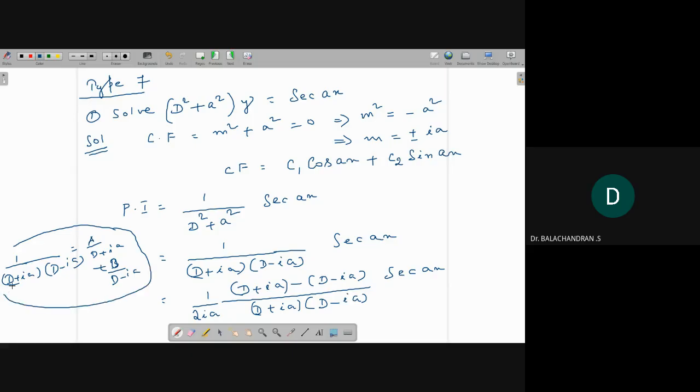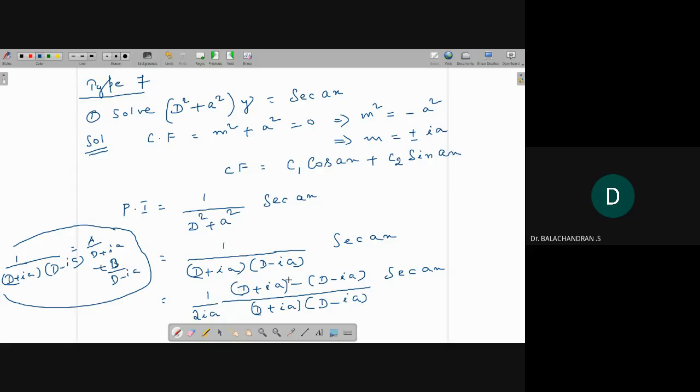You can check it. A is minus 1 by 2ia and B is 1 by 2ia. So you can check it.